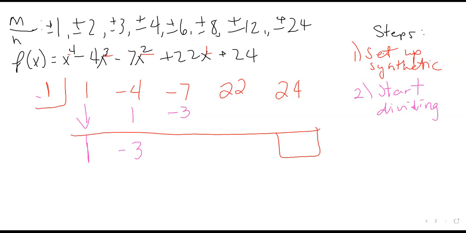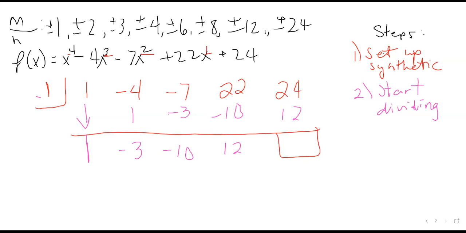So what would it be? -10. -10 times 1? -10. Now 22 minus 10? 12. And 12 times 1 is just 12. Is this going to give me 0? No. So, all right, 1 is not what I'm looking for.